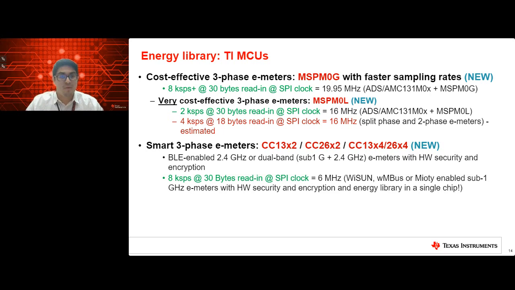So we've been able to successfully get our energy library ported to these wireless MCUs as well, so that you can evaluate these in case you need more of the high end there with the hardware security encryption or the wireless capabilities. We've been able to get it up to 8 kilosamples per second with a 6 megahertz SPI clock.